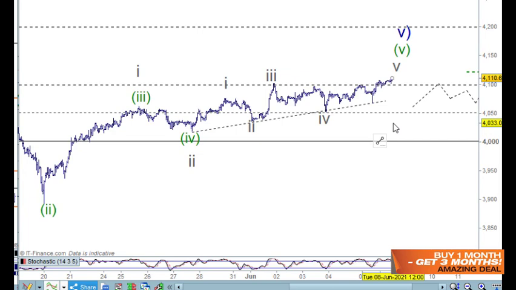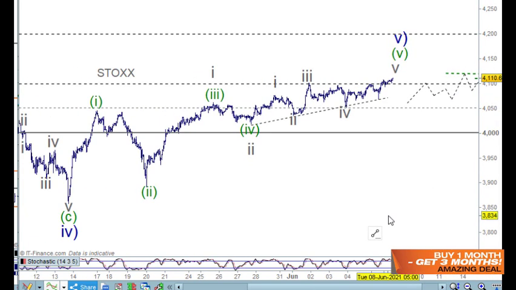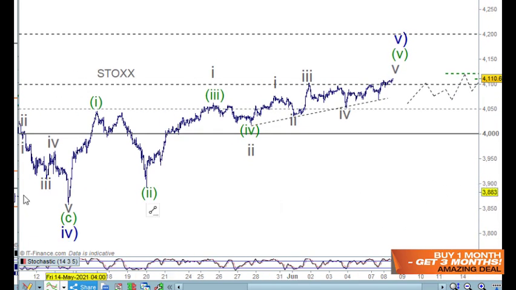So we're looking to go a little bit higher here, but the same question prevails: do we have 1, 2, 3, 4 and going up for 5 and finishing here, because we're looking for tops in the S&P, or do we go a little bit higher with 1 and 2 here, then up for 3, 4 and 5, ending up higher at this point.